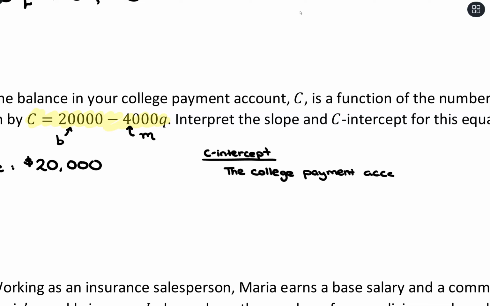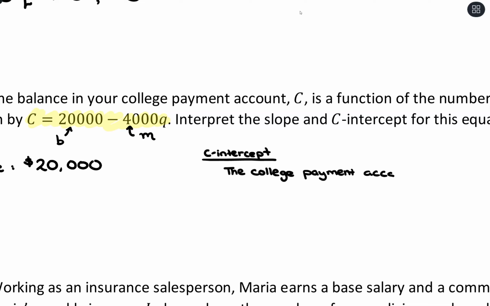So to interpret the slope, we would say we pay $4,000 per quarter. Or we could say the balance decreases by $4,000 per quarter as well.